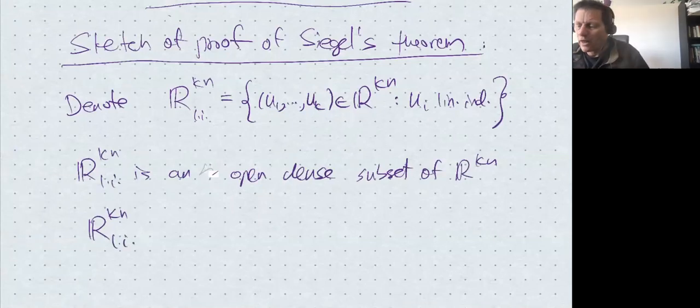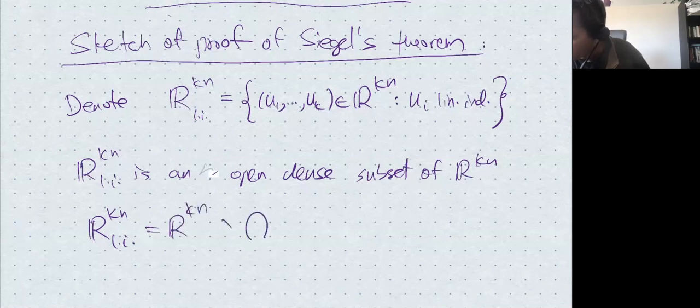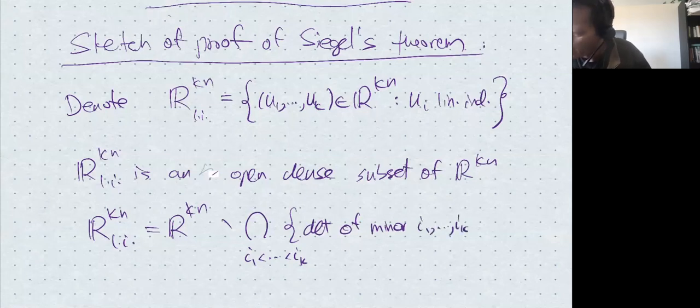In fact, if we think of these k-tuples as matrices, we can think about it as follows. We are taking matrices of size k by n, and we're removing matrices which have all their minors with determinant 0. This is a k by k minor.